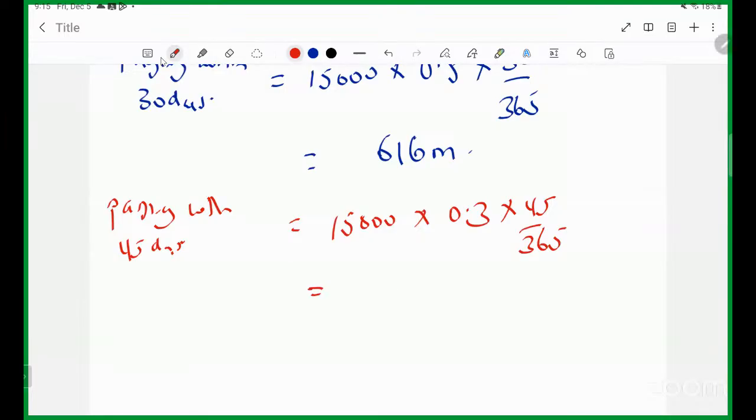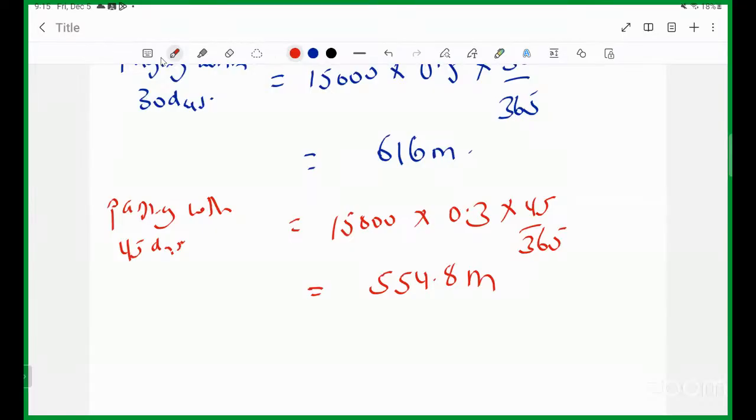It is 554.8 million. What about those paying within 60 days?